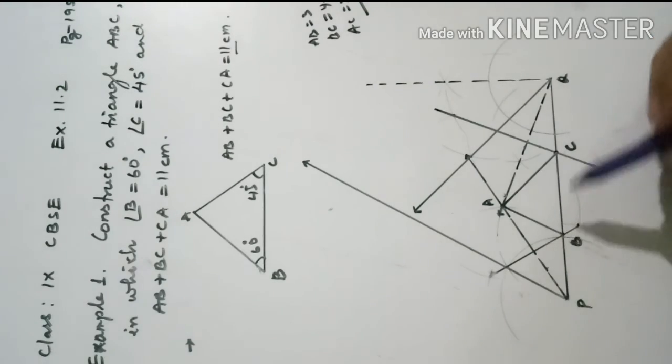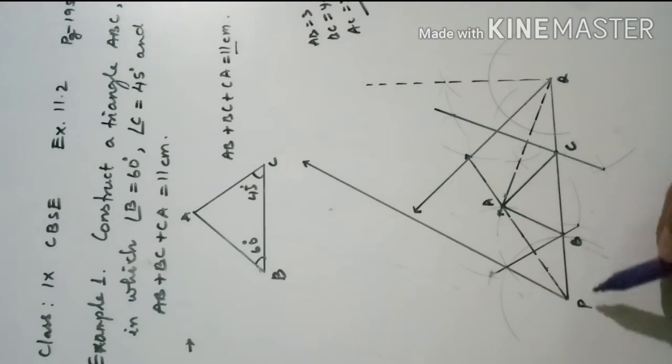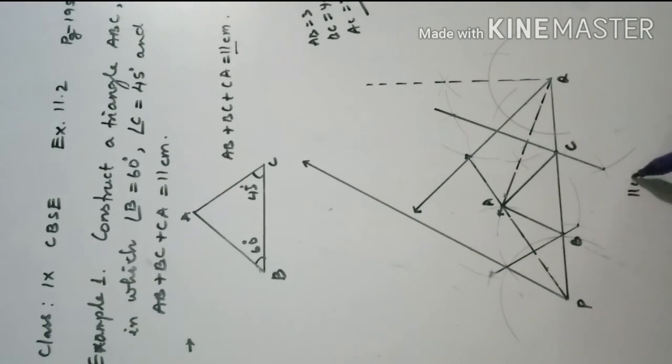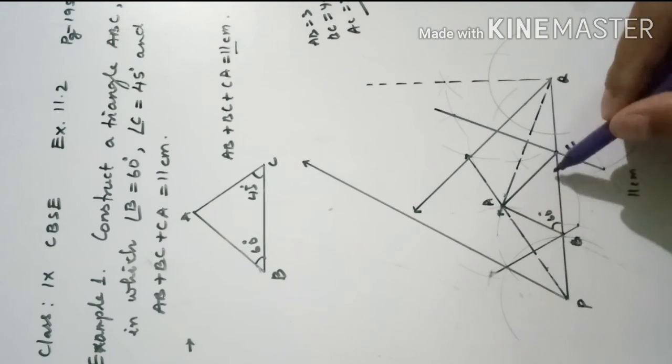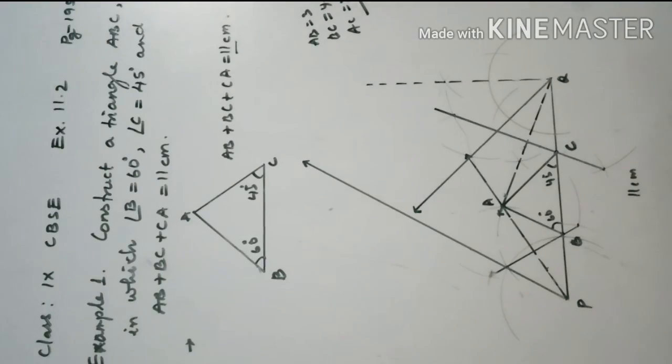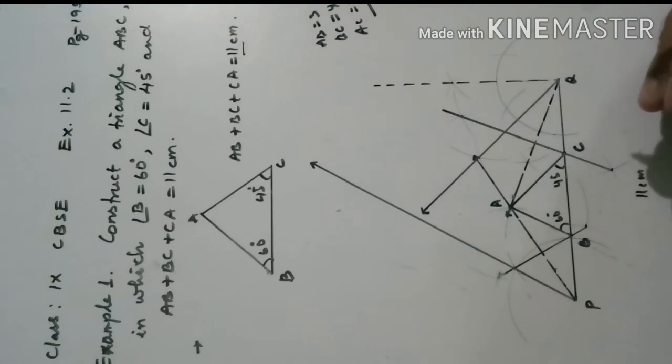Angle B should come 60 degree. Angle C should come 45 degree. Okay. So now PQ is 11 centimeter, angle B is 60 degree, angle C is 45 degree. So like that. This is how we are going to construct the triangle ABC when the base angles are given and the perimeter is given.